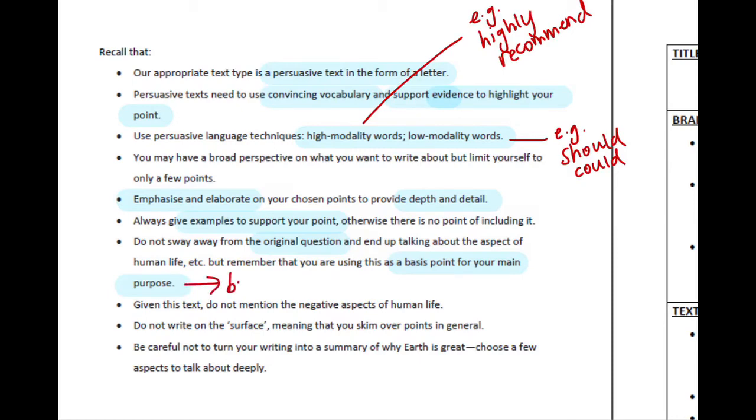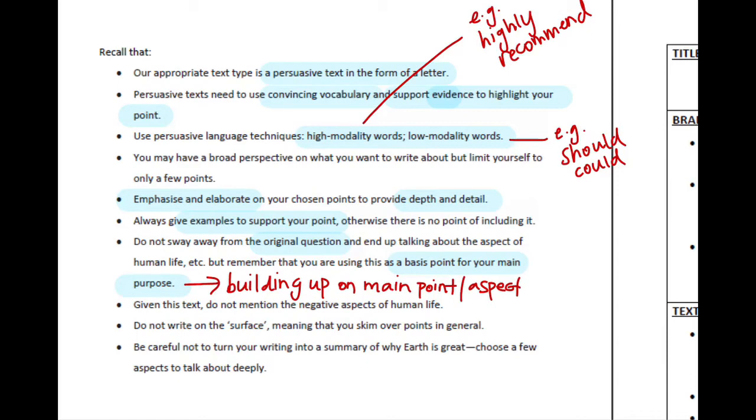So indicate here, building up. Or aspect that you've had chosen. Given this text, do not mention negative aspects of human life.